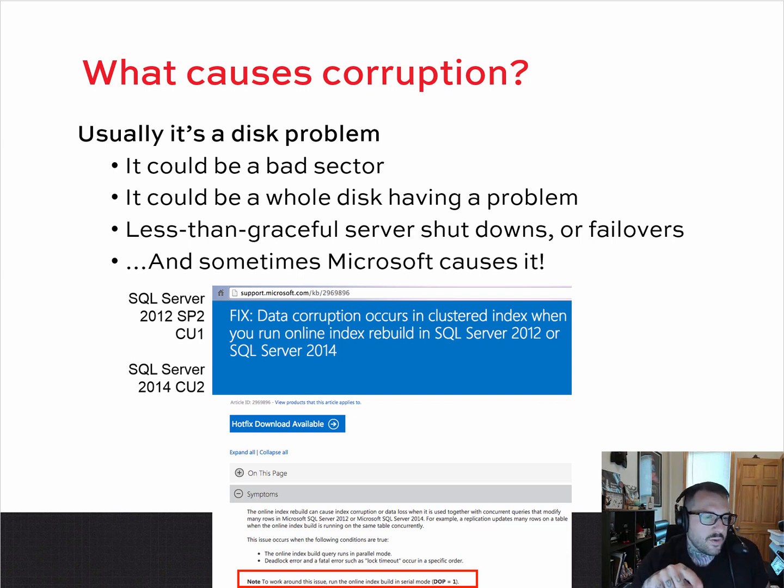Back in 2012, for SQL Server 2012 and for SQL Server 2014, there was a nasty bug. That nasty bug caused clustered indexes to become corrupt if they ran online in parallel while there was an update or some other data modification going on.